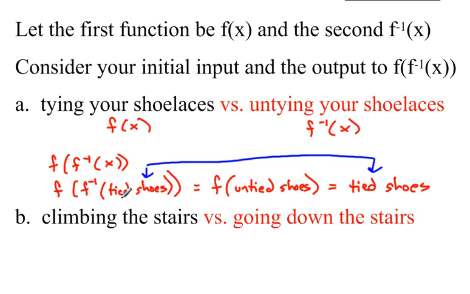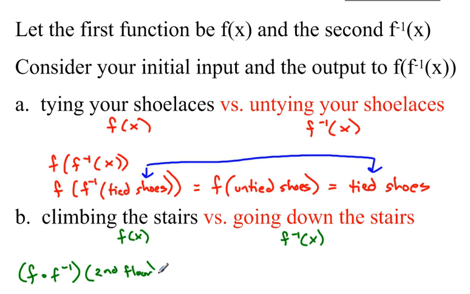Let's try that also with this one. So if climbing the stairs is f of x, and going downstairs is f inverse, and I am doing f of f inverse of x, well, my x here might be I'm starting on the second floor. All right, so f inverse, I go down the stairs.